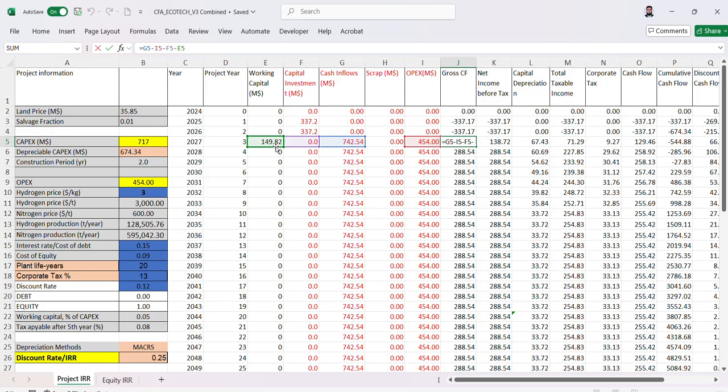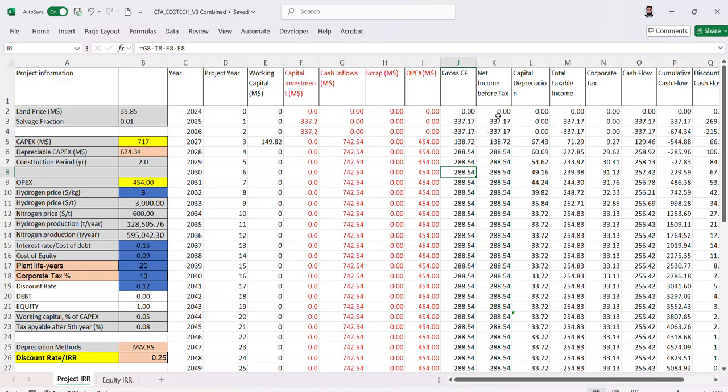So our cash flow is our revenue, minus the working capital, which is our investment, minus OPEX, which is again the expenditure, and capital investment if you have any. This will give you the gross cash flow, and this will continue until the end of the project.